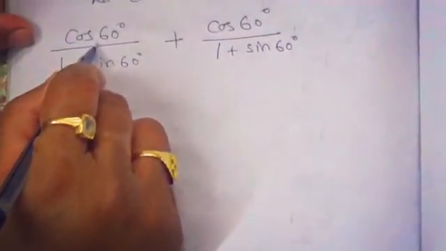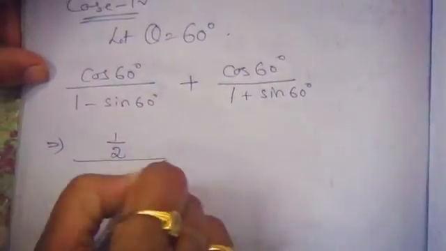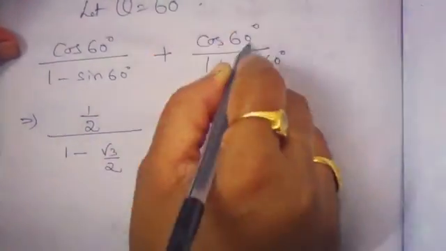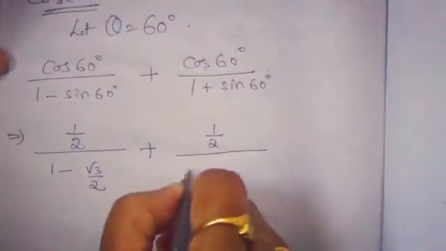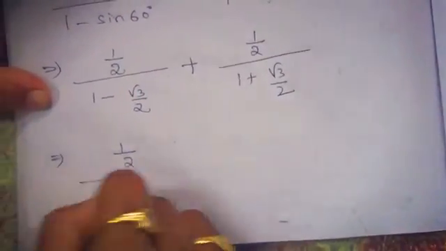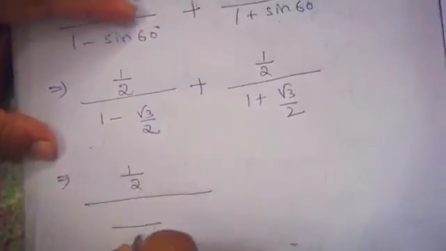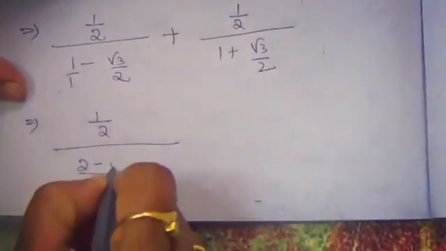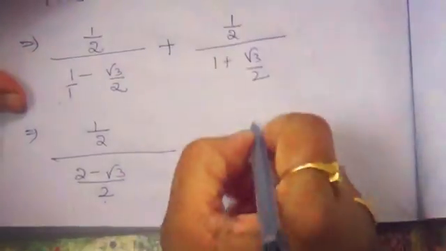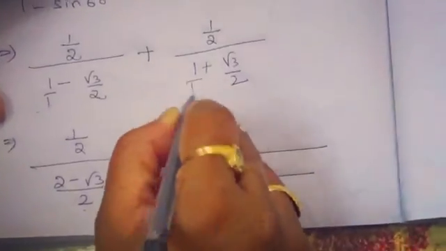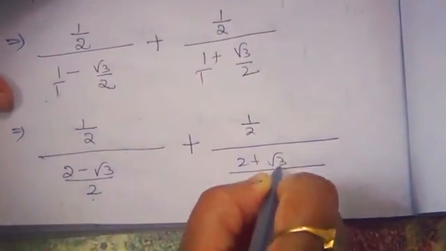That implies cos 60 degrees is 1 by 2 whole by 1 minus root 3 by 2, plus cos 60 degrees is 1 by 2 by 1 plus sin 60 degrees is root 3 by 2. Here that implies 1 by 2 whole by the LCM for both, which is 2: 2 minus root 3, plus here 1 by 2 whole by 2 plus root 3.